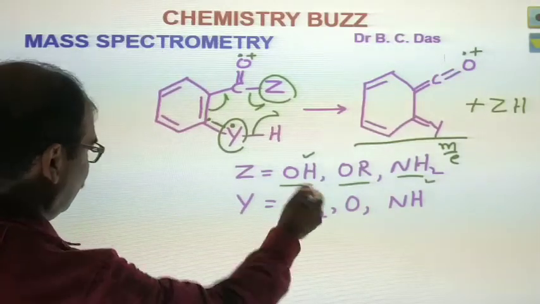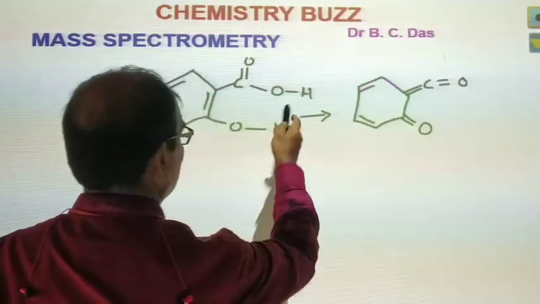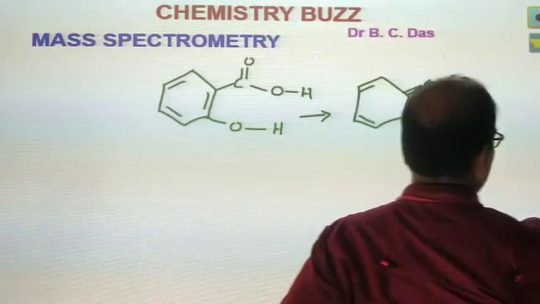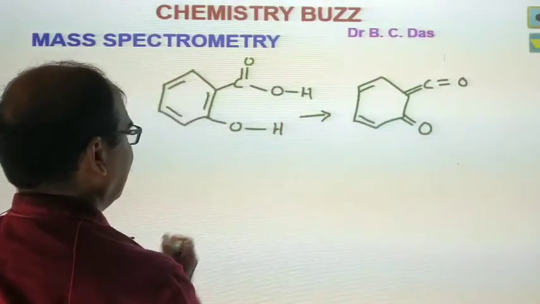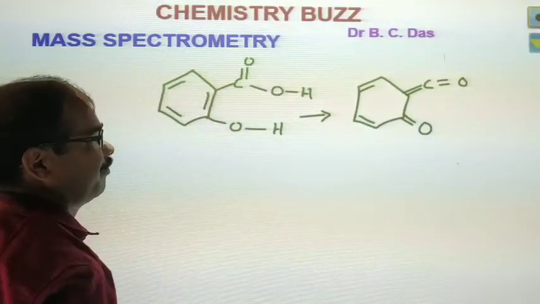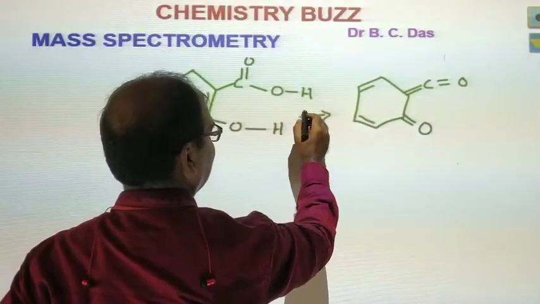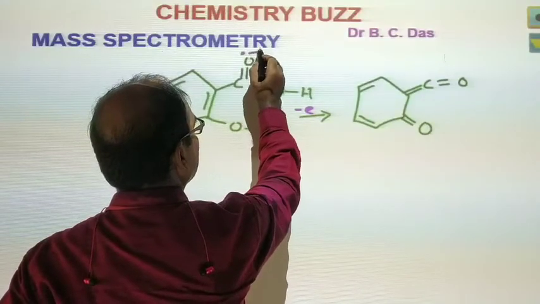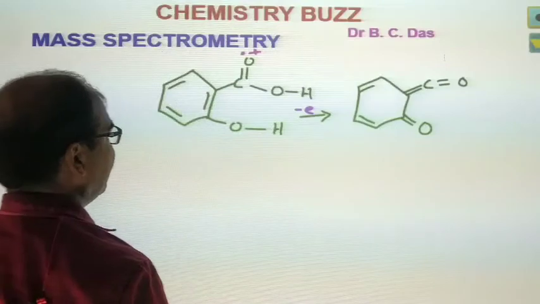Now if we take a particular example, which is not the carboxylic acid case, if we take Z equal to OH and Y equal to O, so this is salicylic acid, and when the ionization occurs, here it is a plus and a dot, so this is the molecular ion.